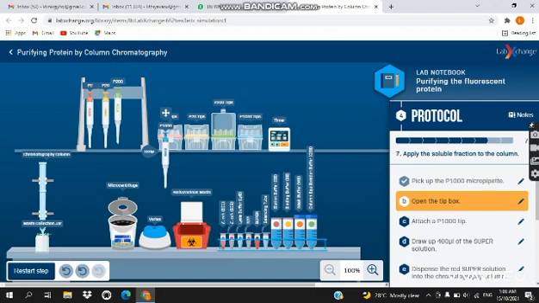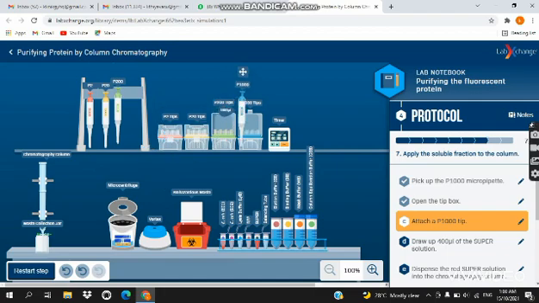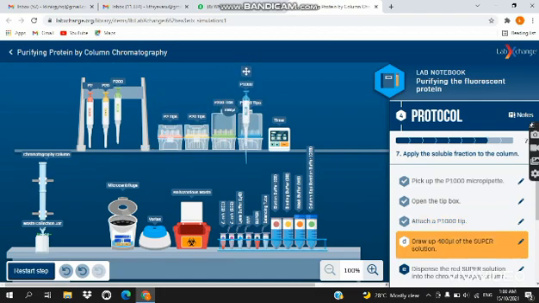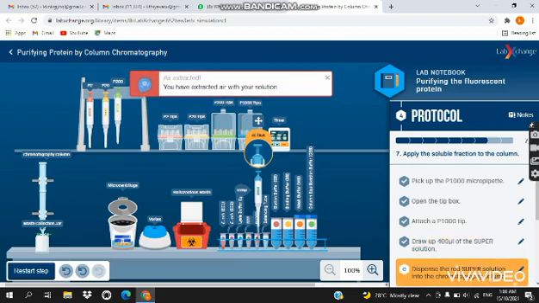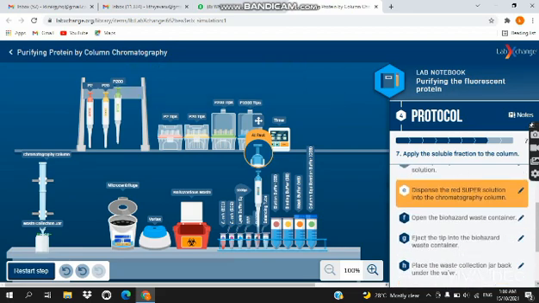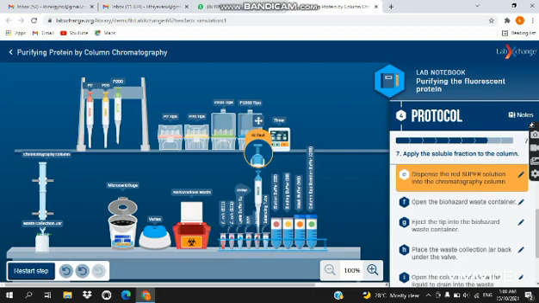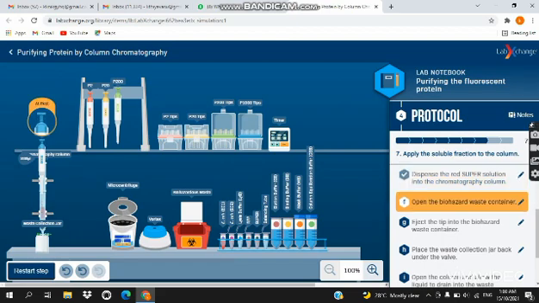Attach a tip, draw 400 microliter of supernatant solution and then dispense into the chromatography column. Okay, and as usual, eject the tips.